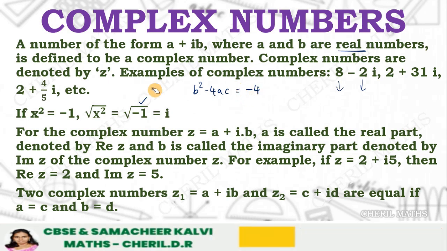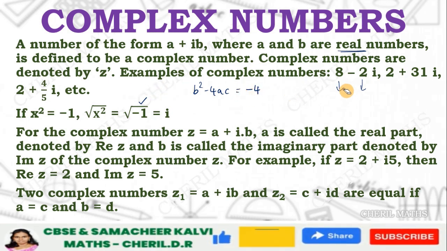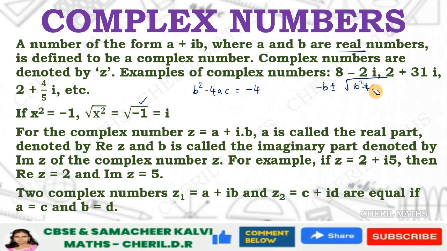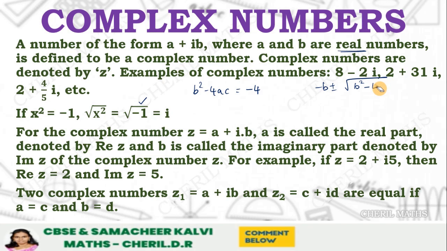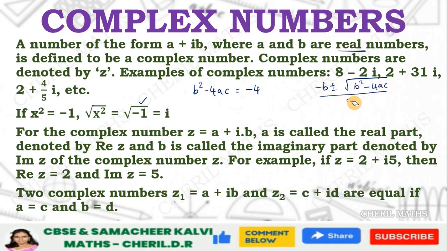So when you substitute in the formula for the roots, you will get minus b plus or minus root of b square minus 4ac by 2a. In that case, when you substitute here, you will get the square root of minus 4.